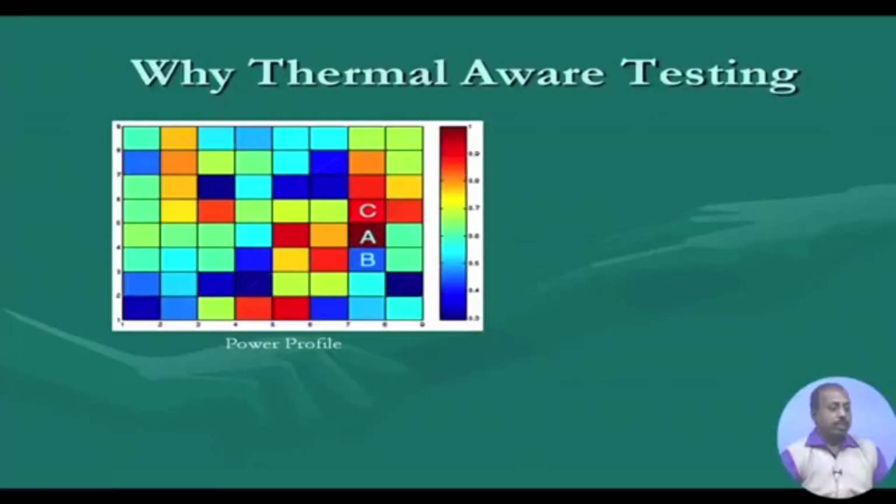Now, why is this thermal-aware testing so important? Suppose we have a circuit, and we see that the power profile of the circuit is like this. It is divided into blocks. The blocks that are cool are deep blue colored, and as we go to hotter and hotter blocks, the blocks that are consuming more and more power are turned towards red and towards brown.